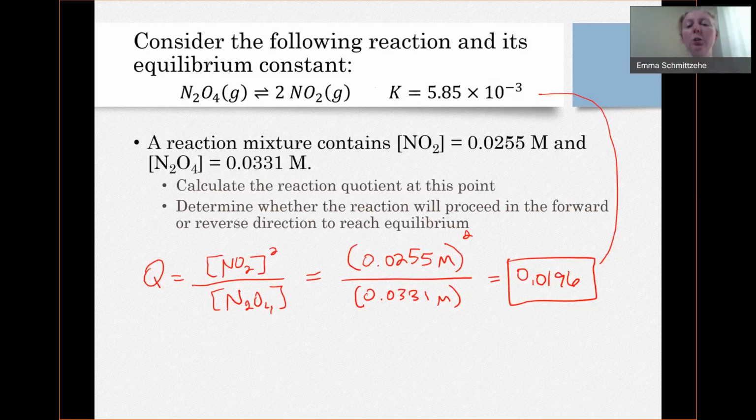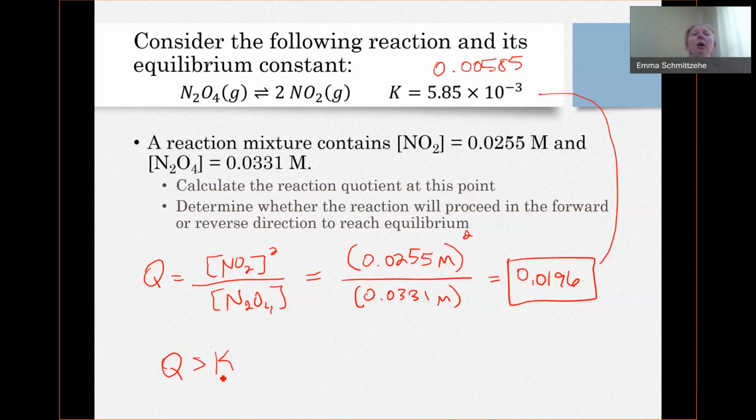And it may be helpful to just rewrite the K. The K value is 0.00585, and 0.00585 is not equal to 0.0196. And so really, your Q value is greater than the K value. So 0.0196 is greater than 0.00585.